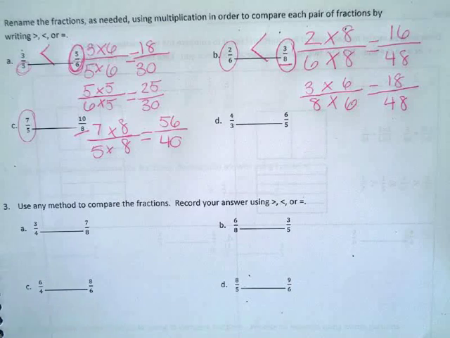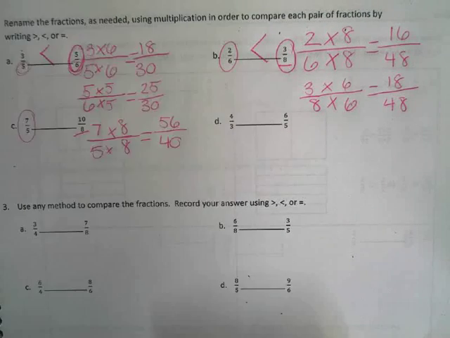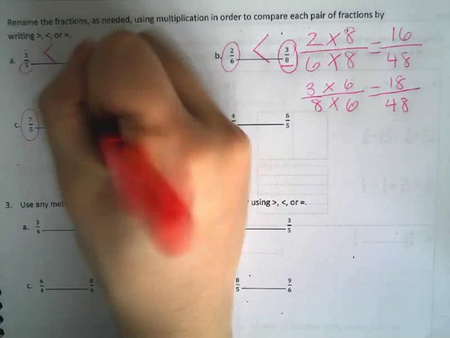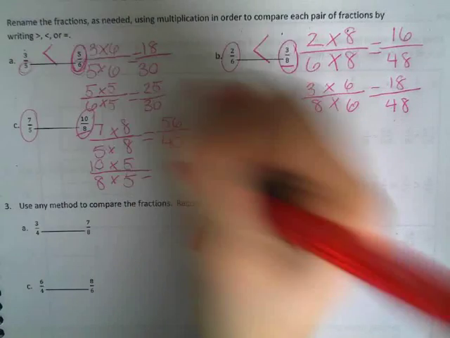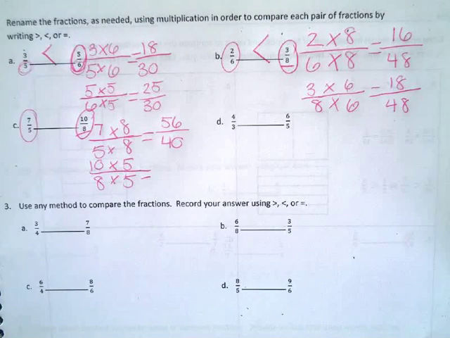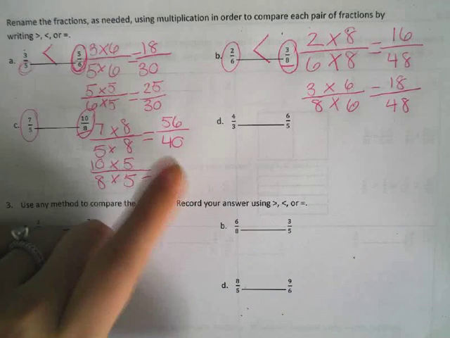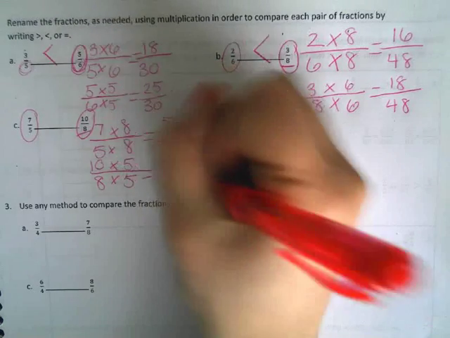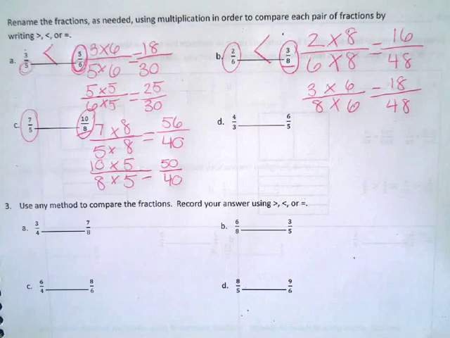All right, so then we're going to switch to the other fraction, which is 10/8. And what will we multiply 10/8 by? 5, the opposite denominator. And we should get a new denominator of what? 40. 10 times 5 is 50. So our numerator is 50, and our denominator is 40. So which one is bigger? 7/5. You got it.